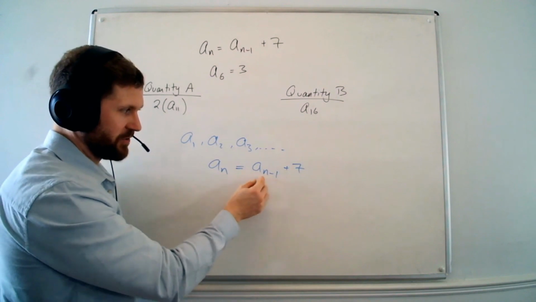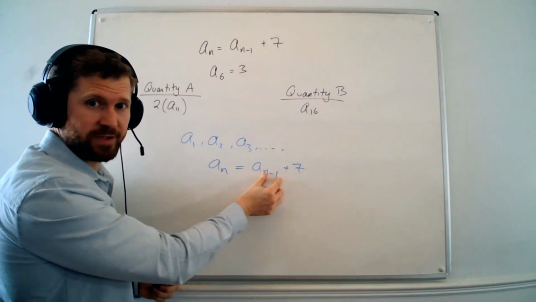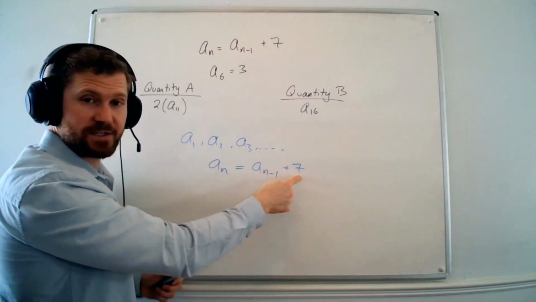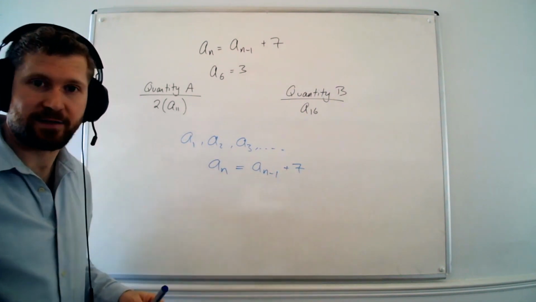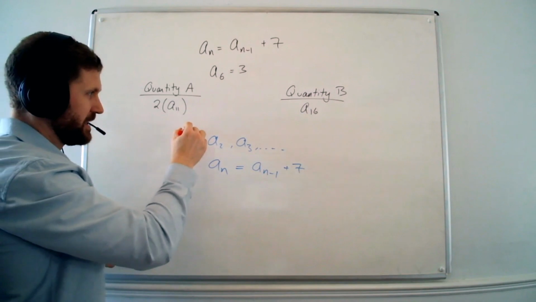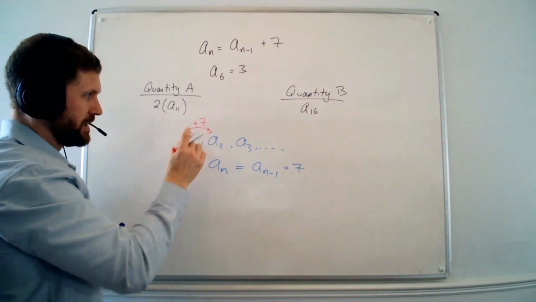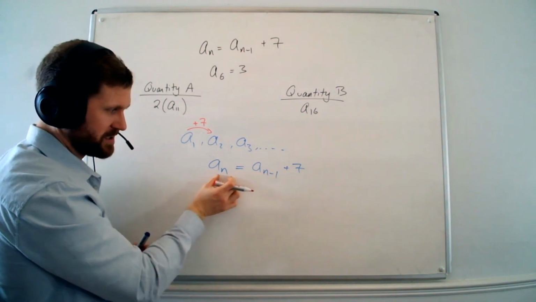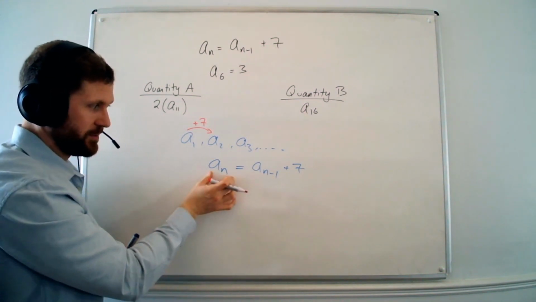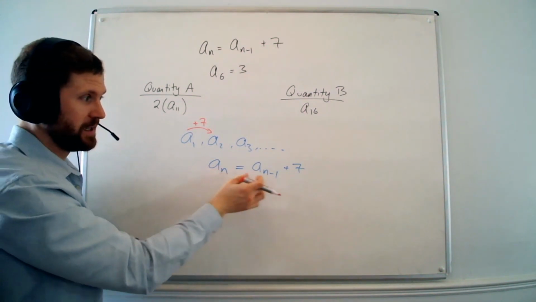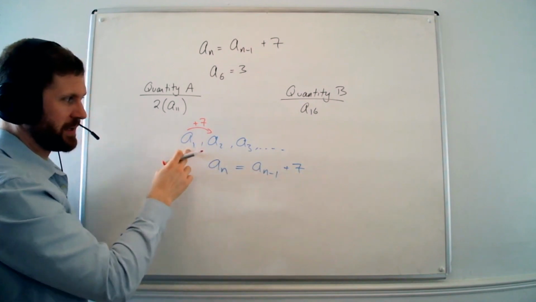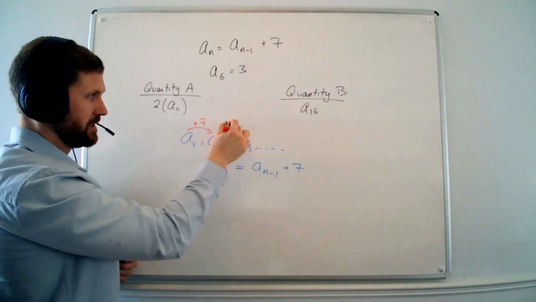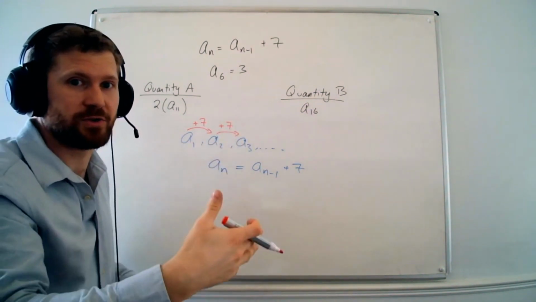Now, to get from this term, whatever it is, to the term 1 higher, I need to add 7. And what that tells me is as I move up the list, from one term to the next term, so from n minus 1 to n, I add 7. So to go from A1 to A2, I add 7. From A2 to A3, I add 7, and so on.